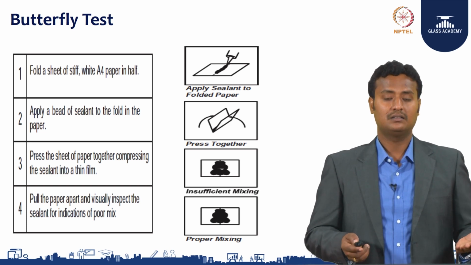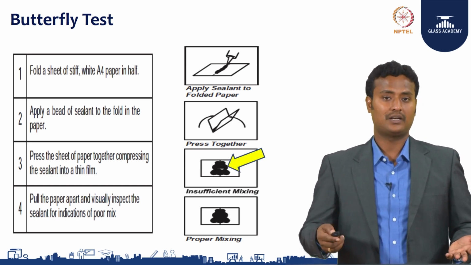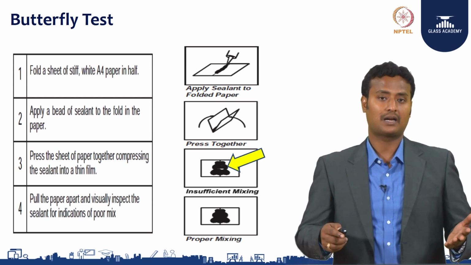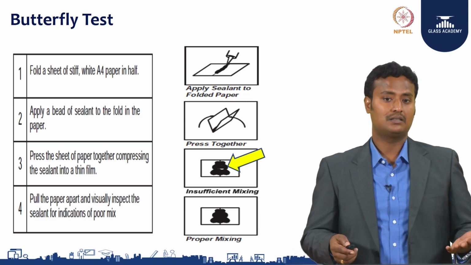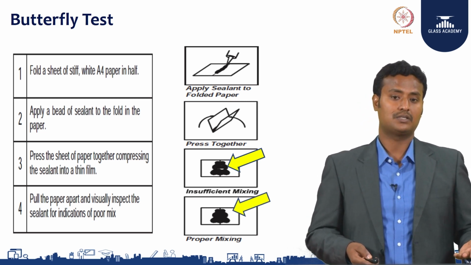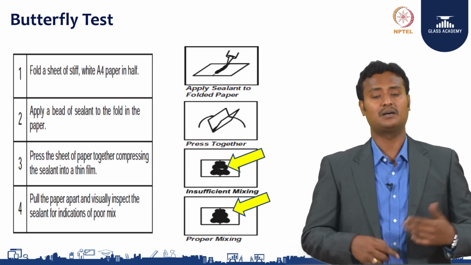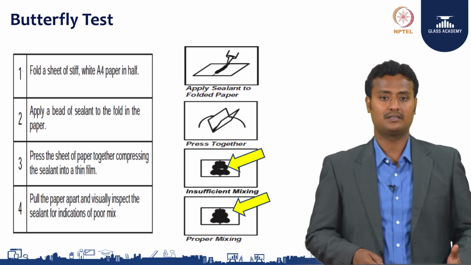In the third picture, you can see there is white, because it should be all black. If any whiteness is there, your mixing is not proper. In the fourth picture, the one below is completely black, which means it qualifies the butterfly test.